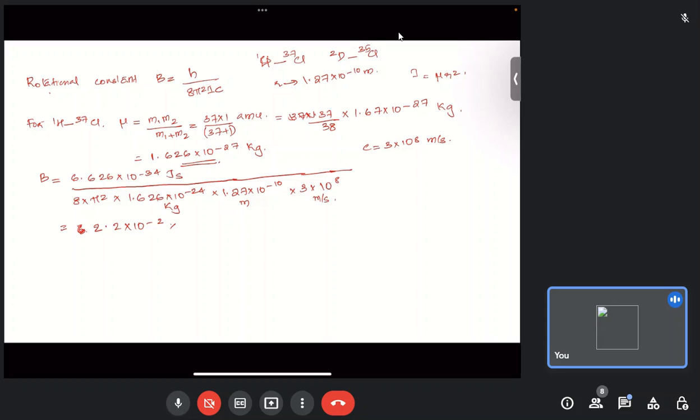We have to account for all the powers. 10 to the power minus 34, 10 to the power minus 24. Why is it 24? It's minus 27, sorry. When we take whatever is in the denominator to the numerator, the sign will change. So that's why it becomes 27 when it becomes numerator. This will become 10 to the power minus 8. Sorry.